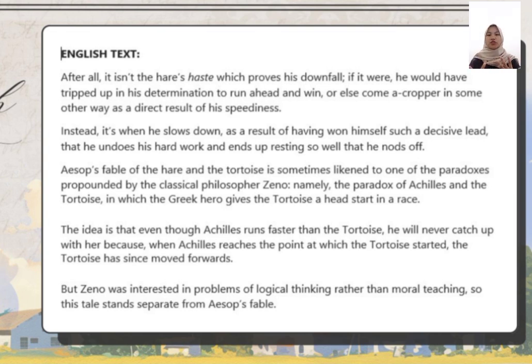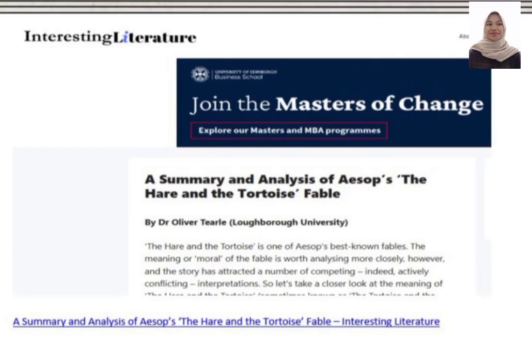Today I would like to present an individual assignment from the translation course with the lecturers Mr. Dr. Andang Saehu M.Pd and Mrs. Fourus Huznatul Abqariyah M.A. I have an English text from the website called Interesting Literature, with a discussion about the theme entitled A Summary and Analysis of Aesop's The Hare and the Tortoise Fable by Dr. Oliver Terrell, Loughborough University.